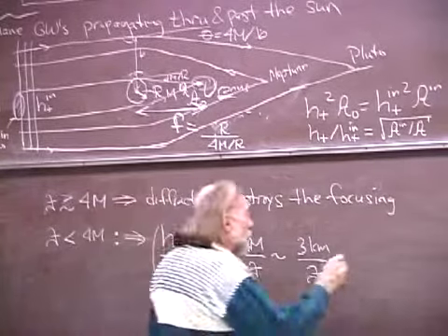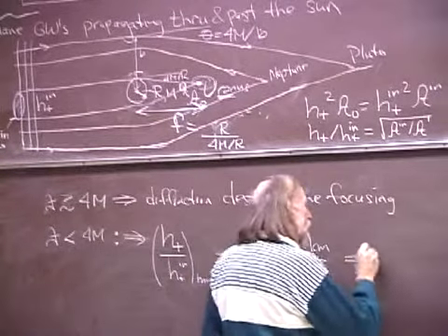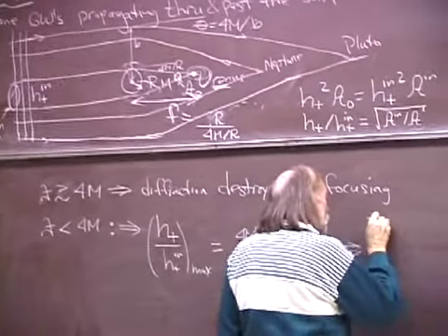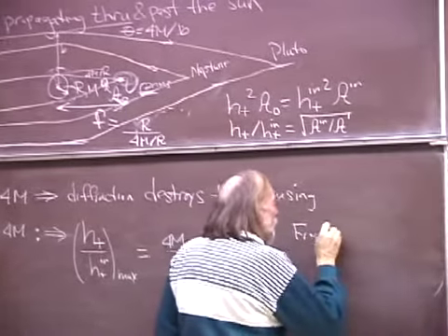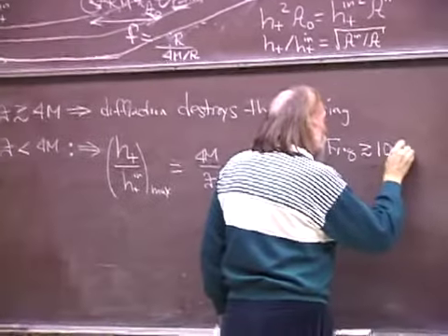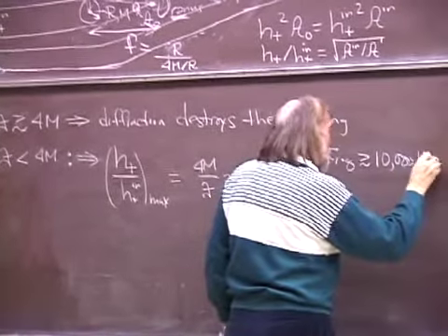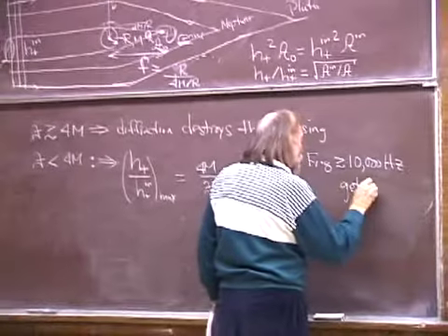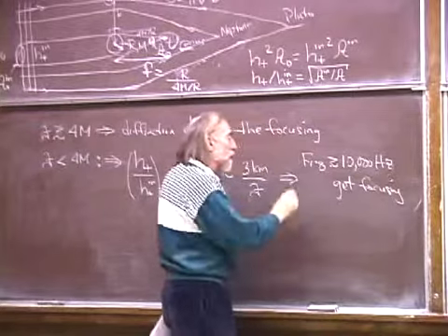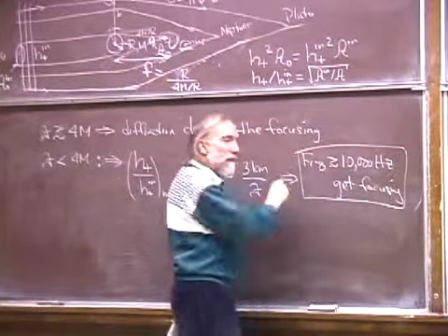In order of magnitude, you can go through the numbers. This says that if the gravitational wave frequency is higher than about 10,000 hertz, you get some significant focusing. But if it's less than 10,000 hertz, you don't get any significant focusing.